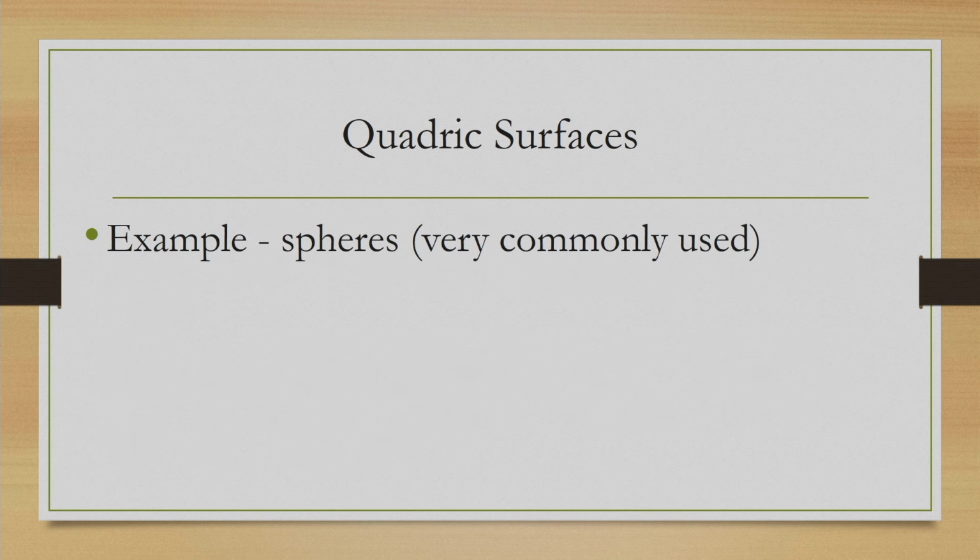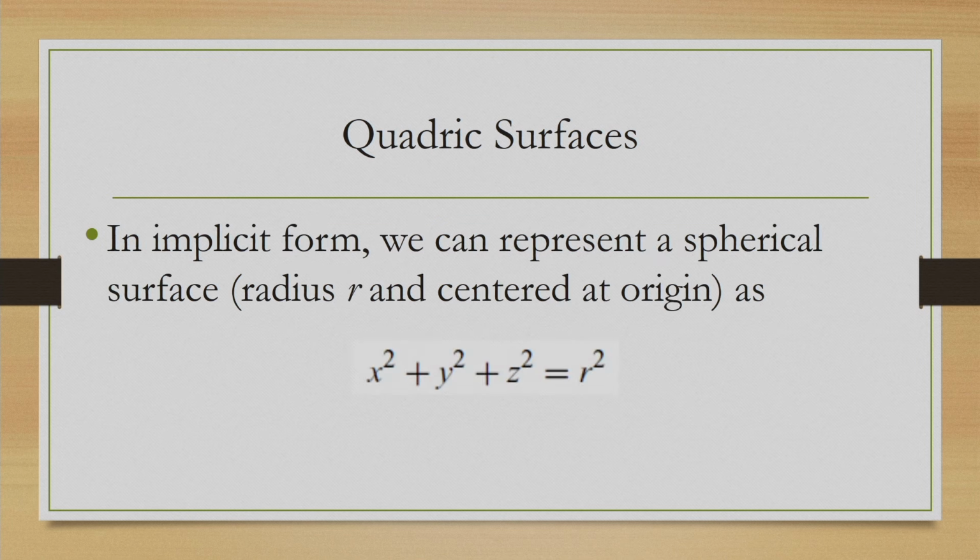For example, spheres, these are very commonly used. In implicit form, we can represent a spherical surface with radius r, centered at origin, as x square plus y square plus z square equal to r square.